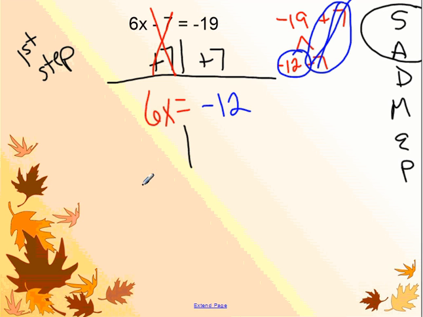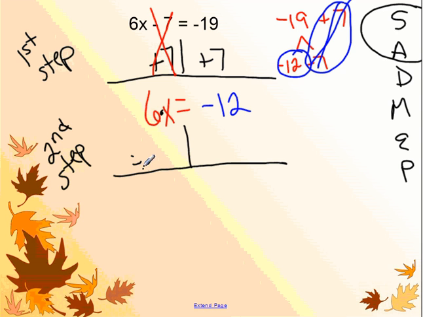But I'm not done yet. I have to do my second balance, my second step, and I have a 6 right next to an x here. That means they're multiplying. So in order to undo that, I divide both sides by 6.